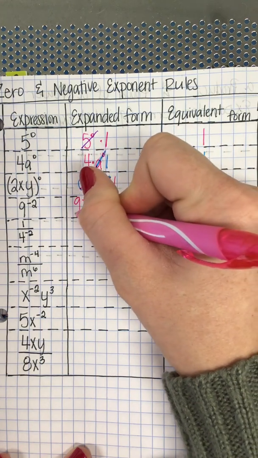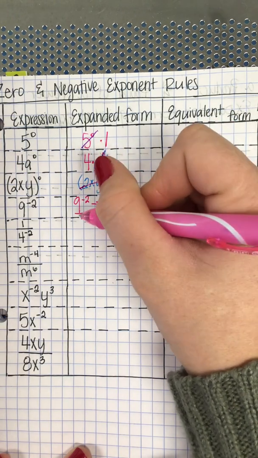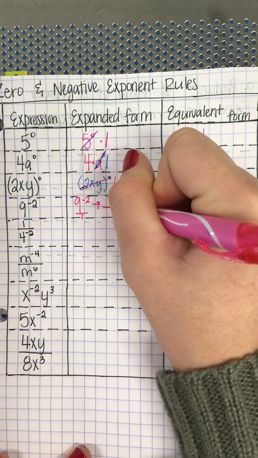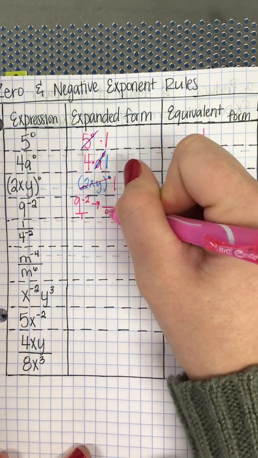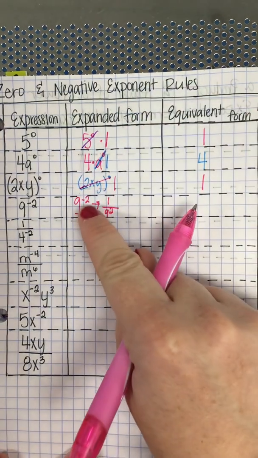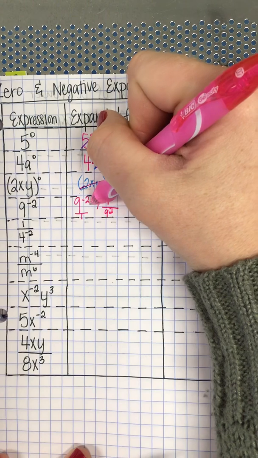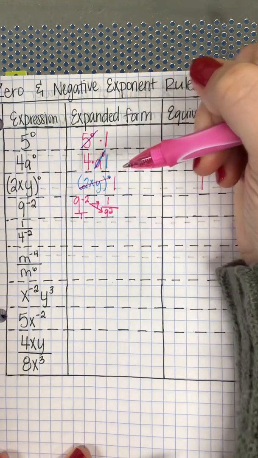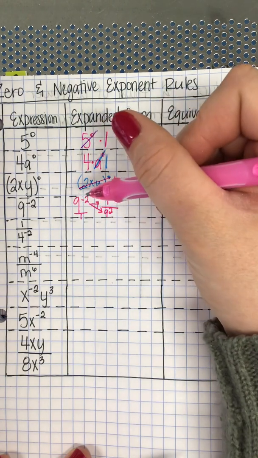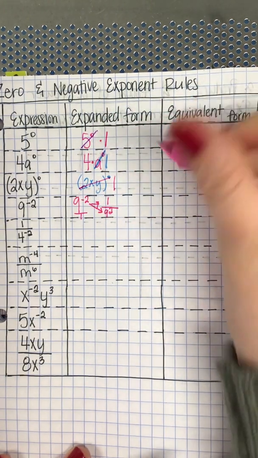So think about this as over 1, and now we need to flip it, and the 9 to the negative 2 needs to be in the denominator. So it would be 9 squared. And remember, the negative goes away when I do that. So you could draw an arrow here. Okay, so 9 to the negative 2 becomes 9 squared, and then that's just our answer.